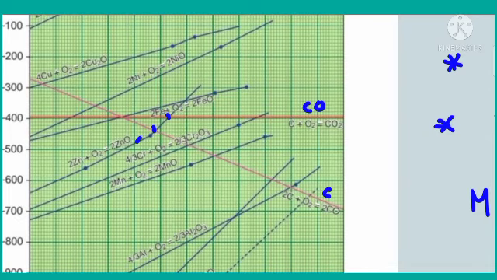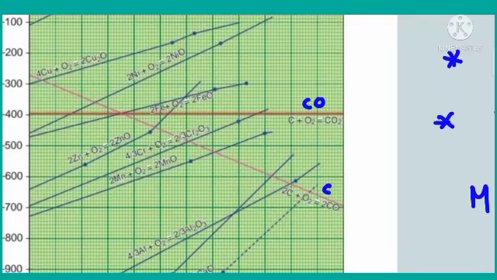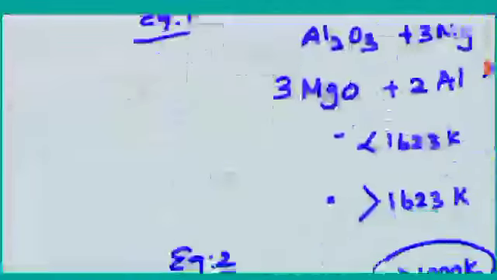Now when you compare carbon monoxide and carbon, carbon has a greater delta G naught value compared with carbon monoxide, isn't it? So comparing the two, we can select the suitable reducing agent for reducing zinc oxide into zinc metal.